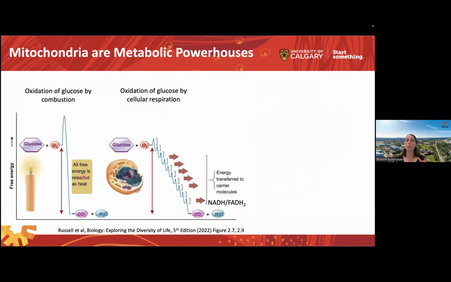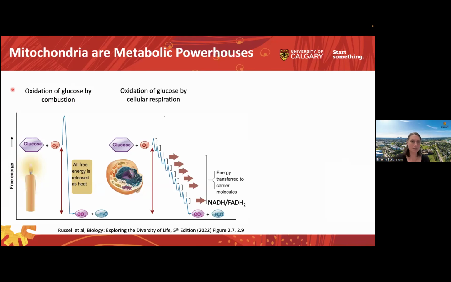Now, in the next slide, we're going to take a look at mitochondria as these metabolic powerhouses. They're the organelles of the eukaryotic cell that are generating this cellular energy currency, ATP. When we think about generation of ATP, we're talking about cellular respiration. The energy from the food that we eat is transformed into ATP. When we think about this process, we often talk about oxidation of glucose.